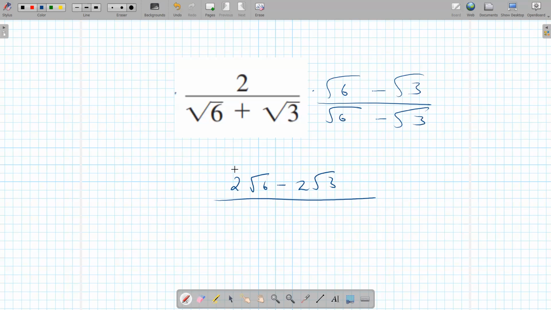Oh, no, we're just going to use a difference of squares. Look at this. Root 6 times root 6 is root 6 squared, right? And this cancels out with this. You'll get a 6. And then this is in the form of a plus b, a minus b. It's going to be a squared minus b squared, 3. And 6 minus 3 is just simply a 3, and you're done.